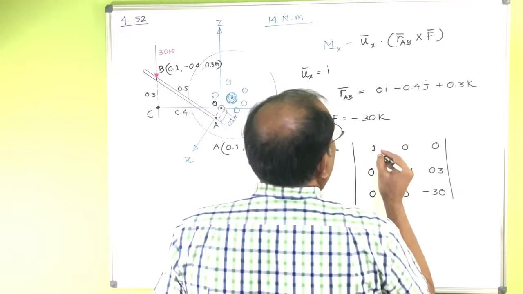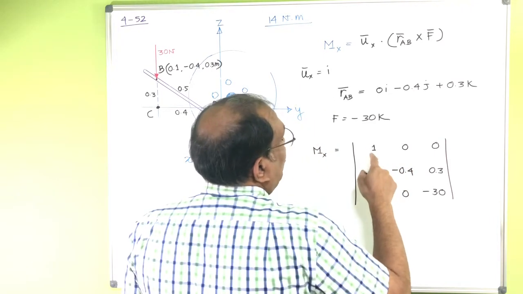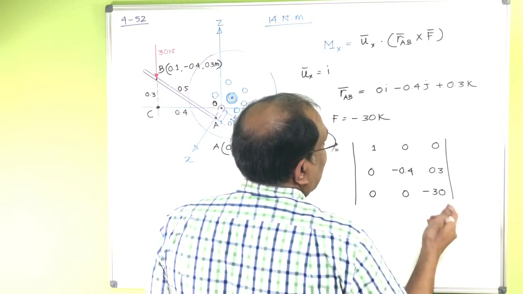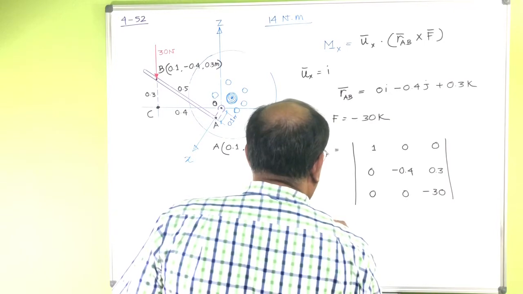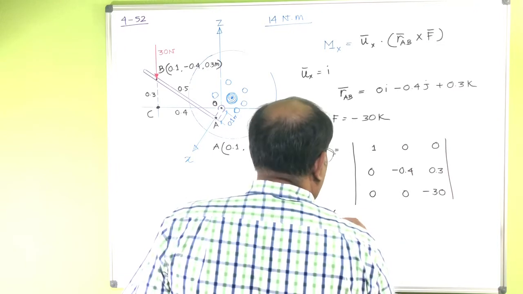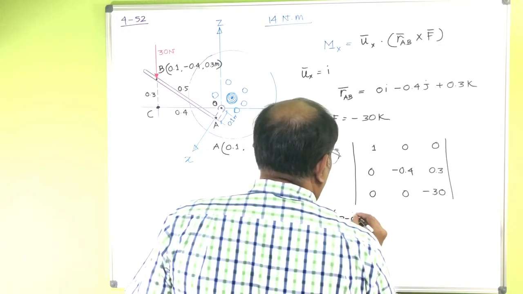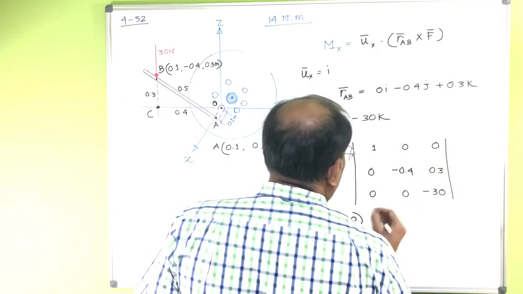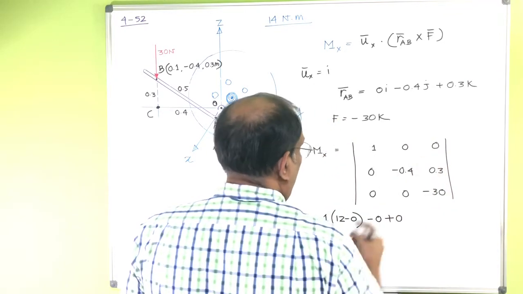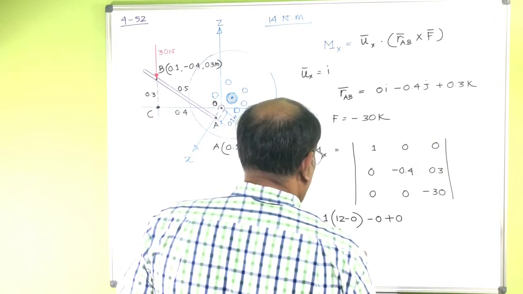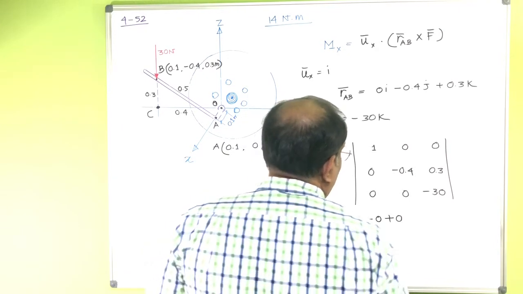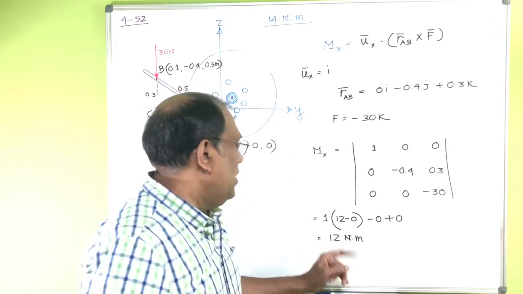So when you take 1, it is this minus this. Minus into minus is plus, so 12 minus 0, and the other terms are 0 into something, which is 0. So this is actually 12 Newton meter. So this can create 12 Newton meter.